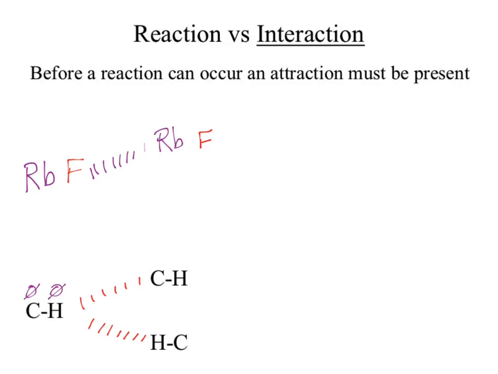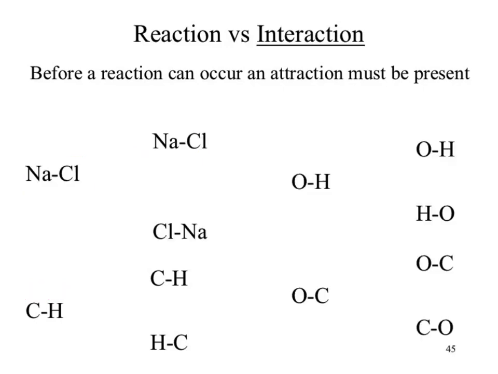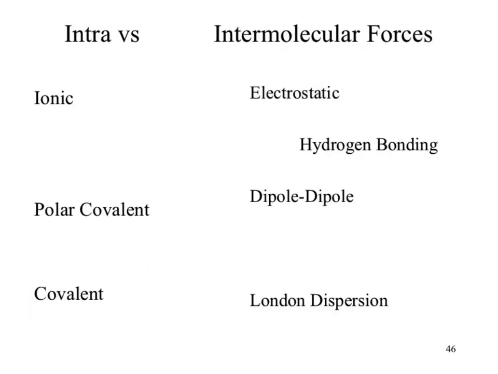But we have gone through, just like we did with the rainbow, and said, roughly within this box it's red, within this box it's orange. What's in between those? We just won't tell people to memorize that. Same thing is happening with our interactions. When we go through and look at our interactions, we have covalent, polar covalent, ionic, electrostatic, hydrogen bonding, dipole-dipole, and London dispersion.